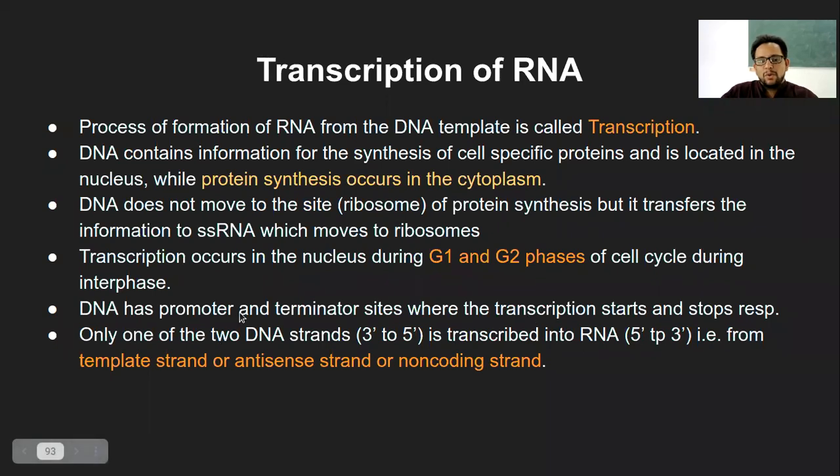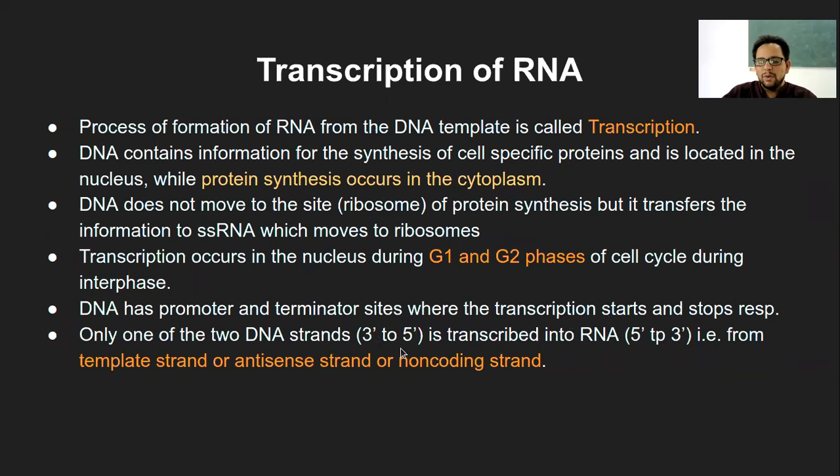DNA has the promoter and terminator sites that we had seen earlier, where the transcription starts and stops. So transcription will start at the promoter region, that is before the initiation codon, and it will stop at the termination site, which is the stop codon. So only one of the two DNA strands, the 3' to 5' strand, is transcribed into RNA.